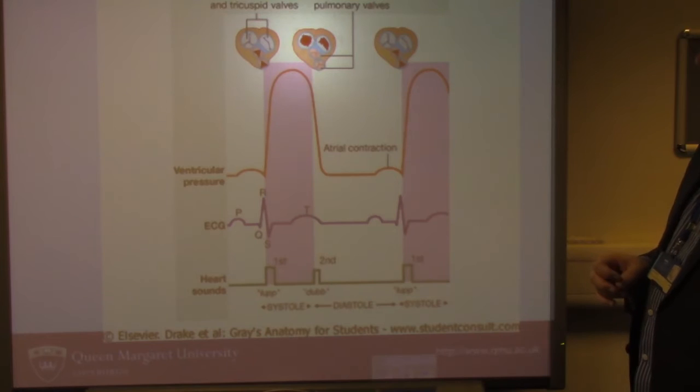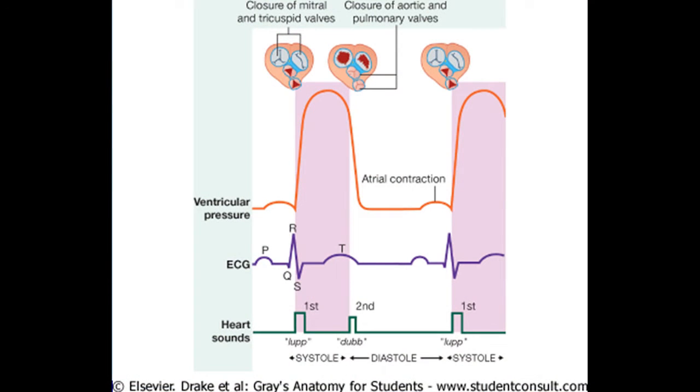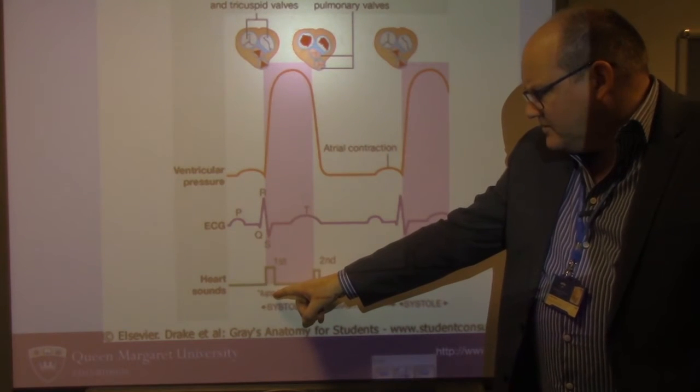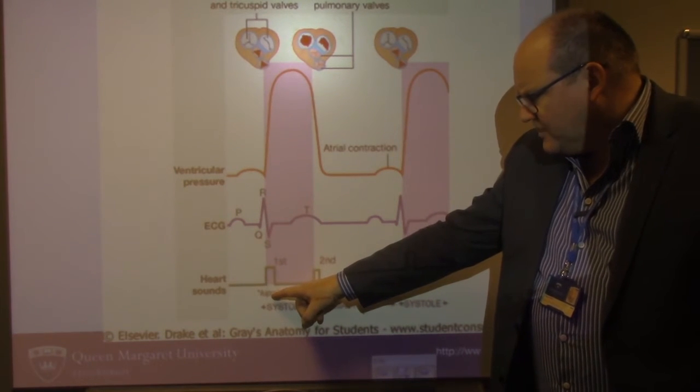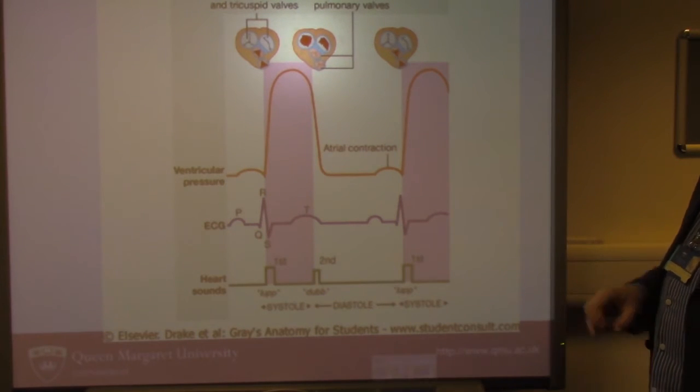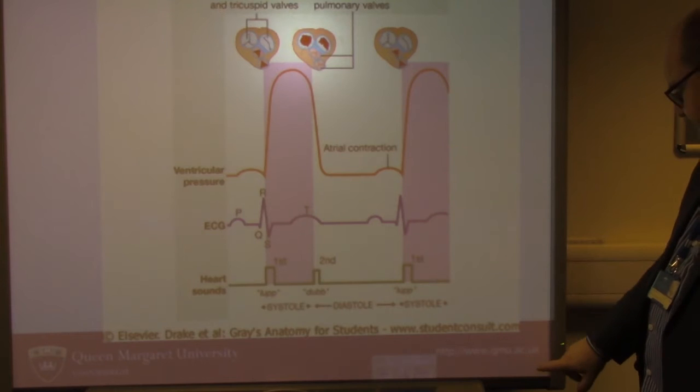That's just putting it into the context of the contraction of the parts and also the heart sounds. So just to show you how these all align with the ECG trace, the heart sounds of the bicuspid and tricuspid valve closures and the aortic and pulmonary valve closures there. So that's just to put it all into context.